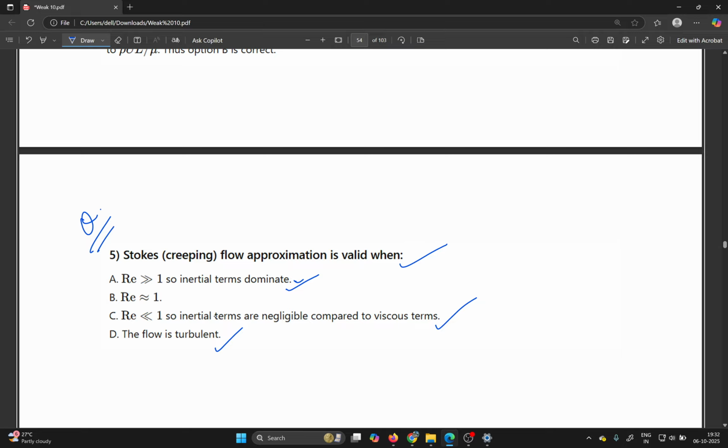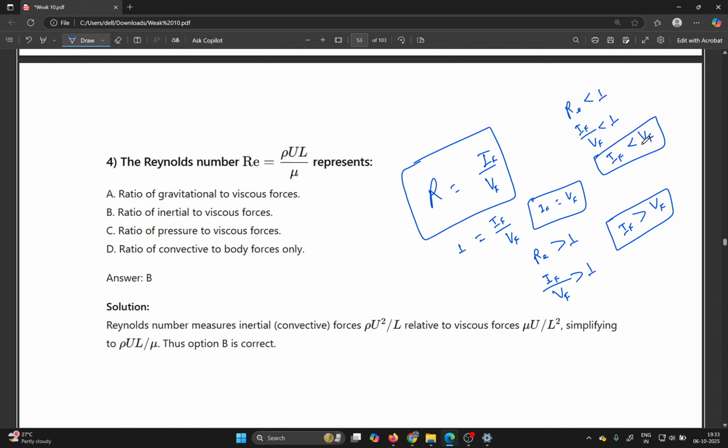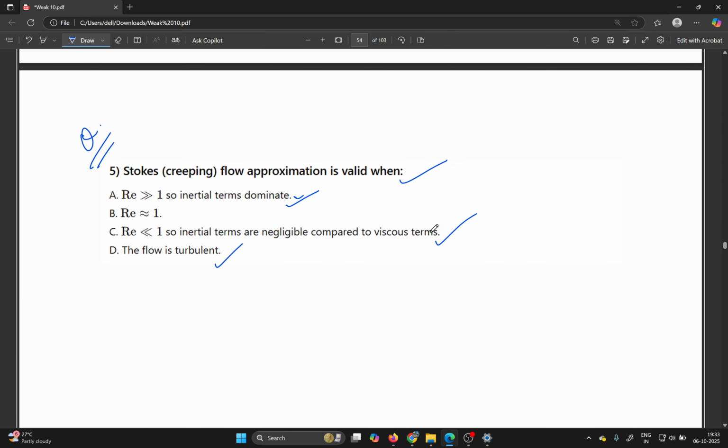If less than 1, inertial terms are negligible compared to the viscous term. Yes, we have seen already that the viscous term will be high if your Reynolds number is less than 1. So that statement is correct, but does this statement come under the approximation of Stokes or creeping flow?